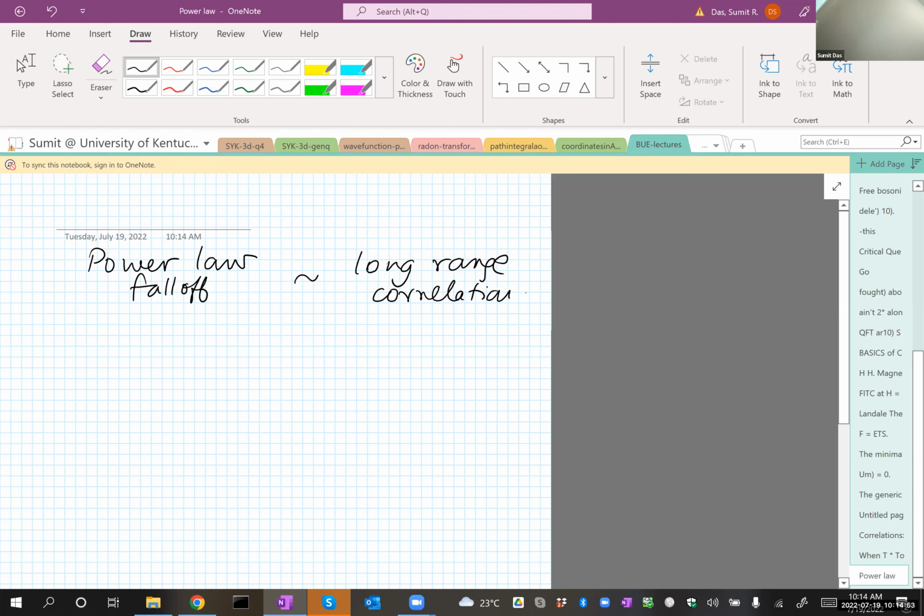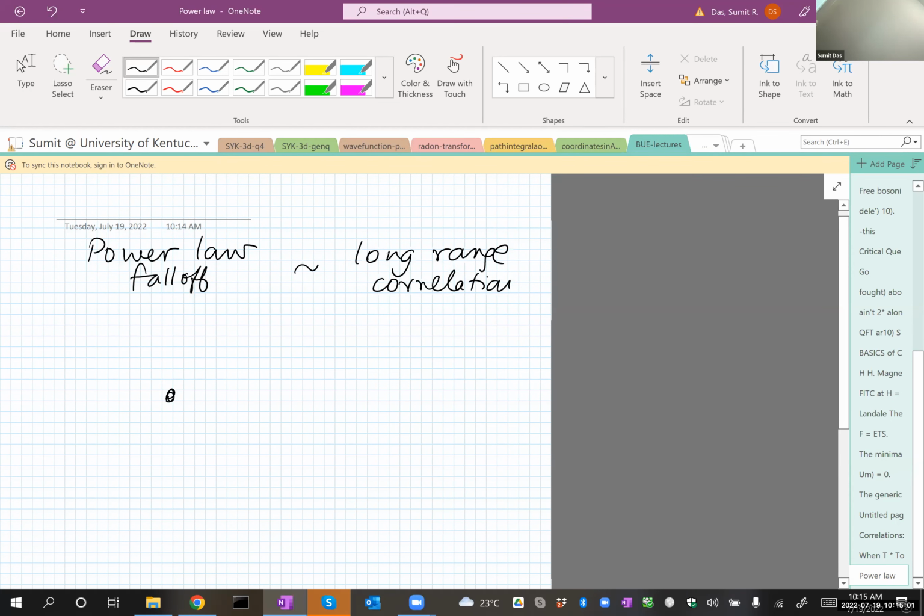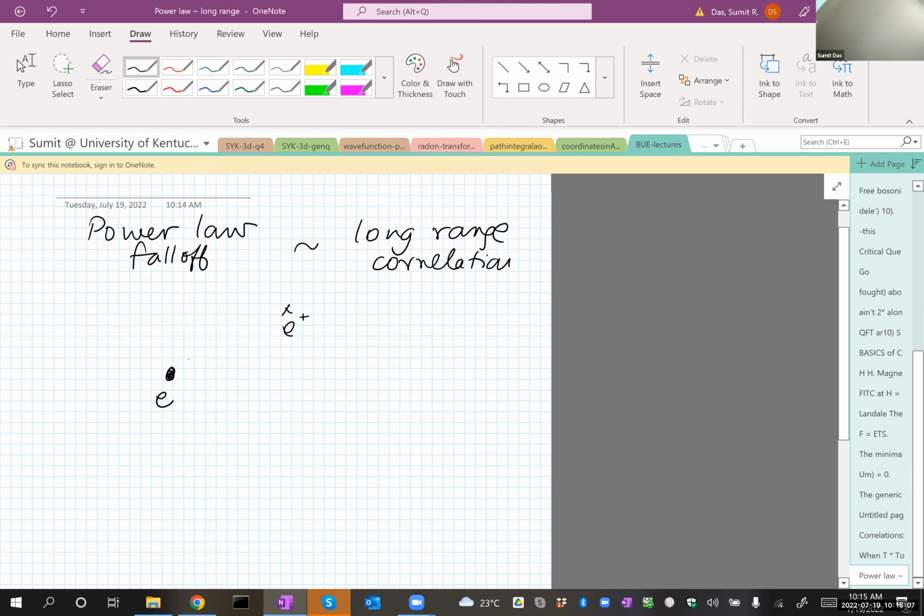An example of a long range correlation is what you see in electrostatics. If you place a charge at some point and measure the effect of the charge at another point at a distance r, the effect goes as 1 upon r. This is Coulomb's law.